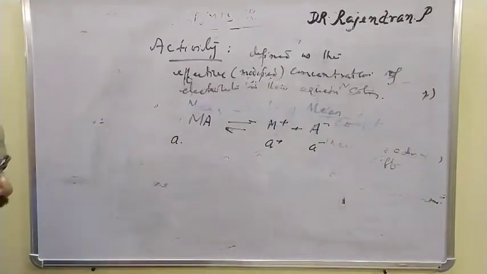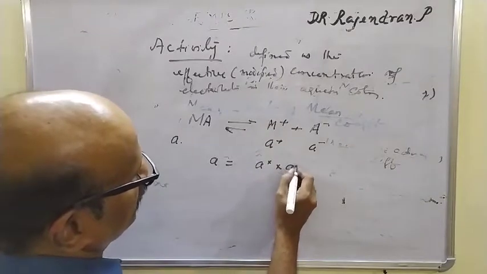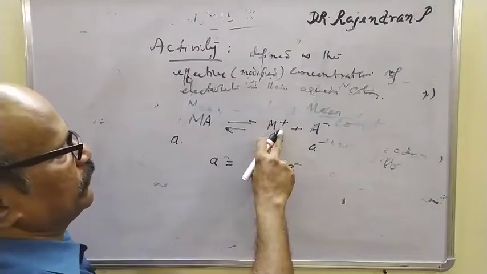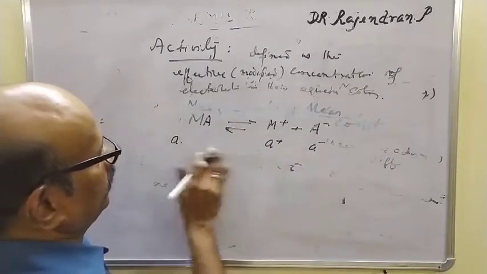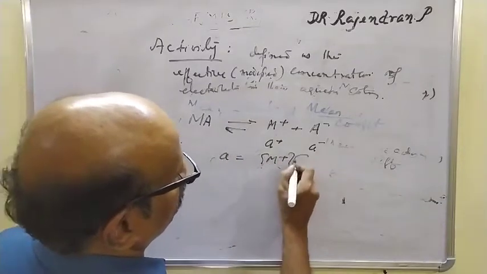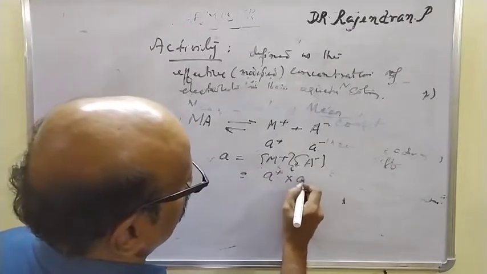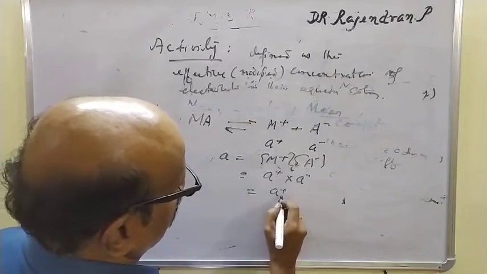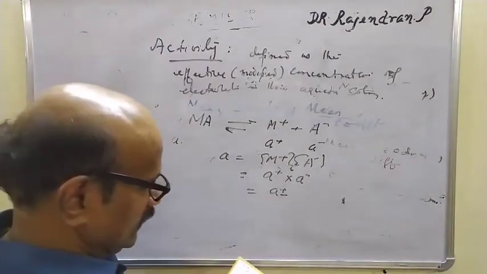So we have A is equal to the concentration of M plus into the concentration of A minus, that is equal to A plus into A minus, or that is equal to A plus A minus, okay, A plus minus the whole square.